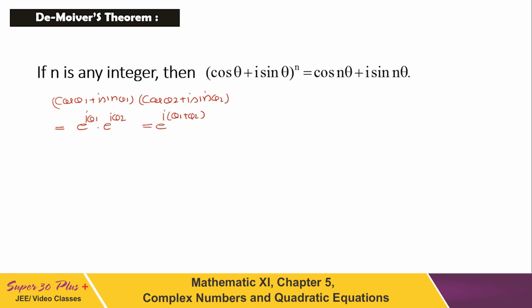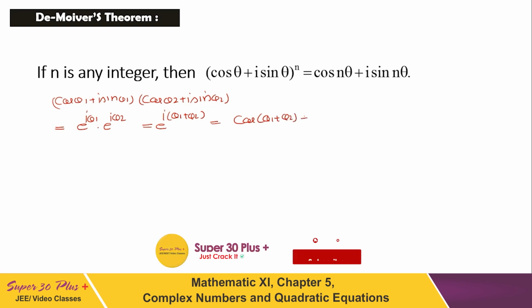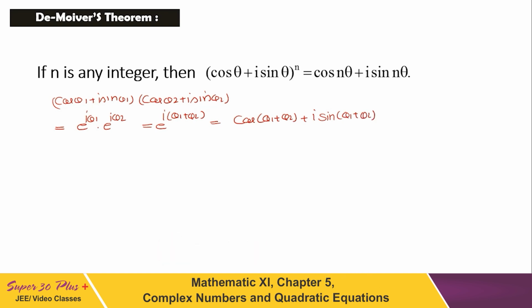Now we can write it like this: cos(θ1+θ2) + i sin(θ1+θ2). If there are two complex numbers in the multiplication form, then we can obtain that their argument is the summation of individual arguments.